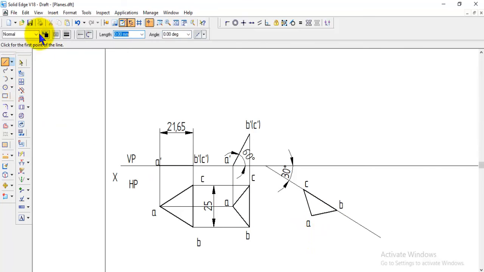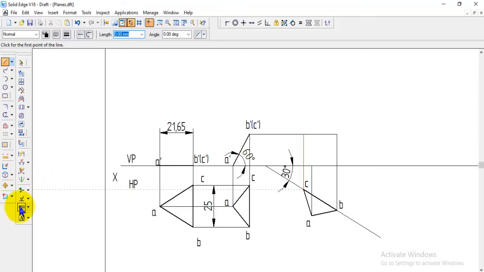And finally, to get the final front view, you can draw the projections from all the points. Here A is here, A dash on the XY line, you can draw up to here. Then B is here, B dash, and then C, C dash.